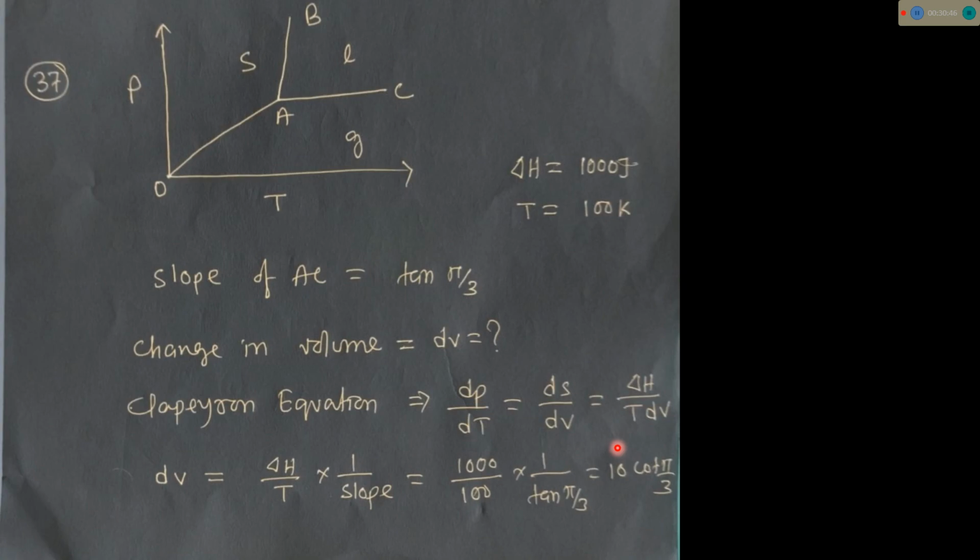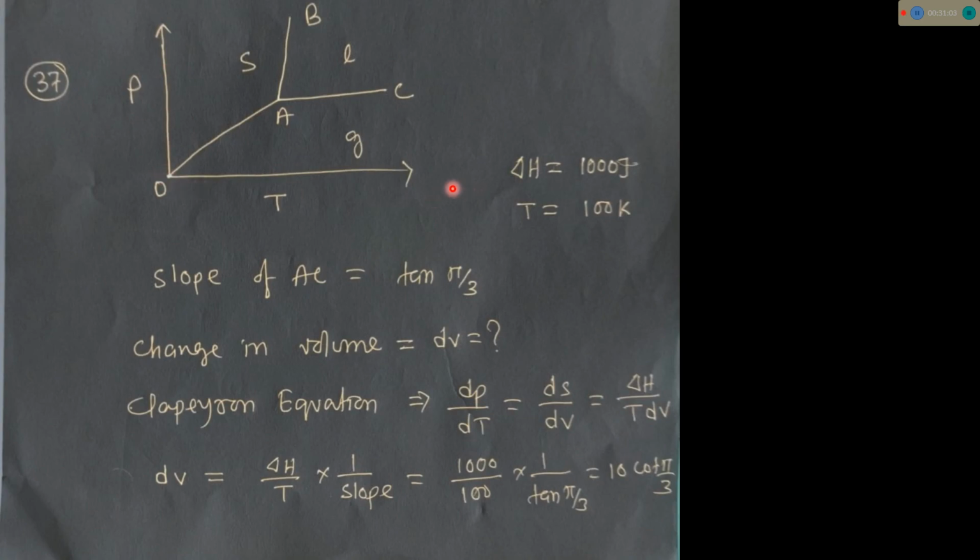The value becomes something like 10, but I forgot the exact value. Maybe the del H value might be changed, and T also, but this is the fundamental theory behind solving this problem from the phase equilibrium graph.